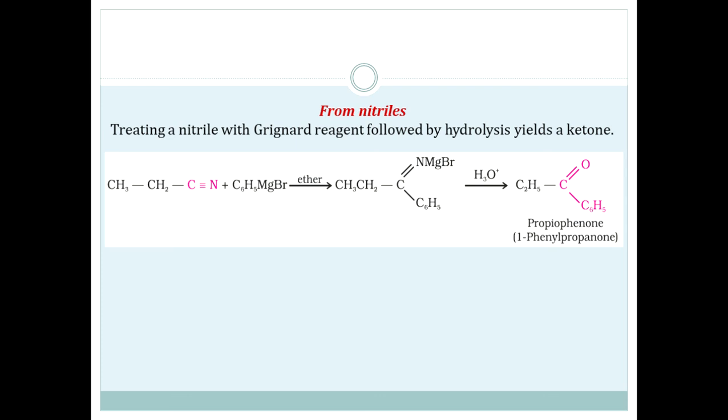This intermediate is then hydrolyzed, and it produces the final ketone product. Therefore, when a substituted nitrile reacts with the Grignard reagent followed by hydrolysis, it finally produces the corresponding ketones.